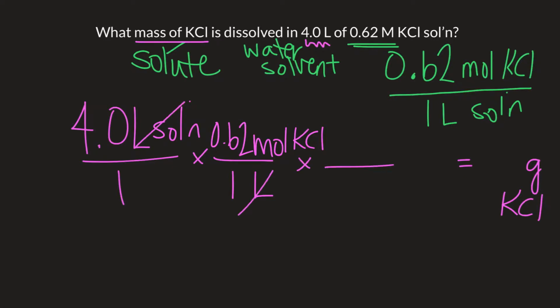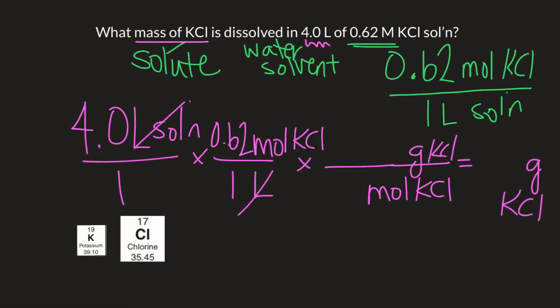And then we're going to go from moles of KCl, and you know how to do this. You can go to grams of KCl. And we're going to do that using the periodic table. Okay, so when you add up the molar mass of K and of Cl, you're going to get 74.55.